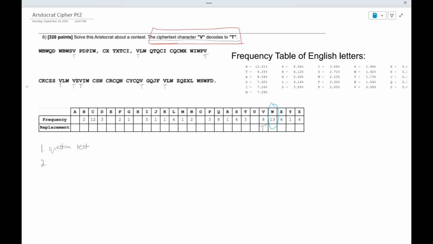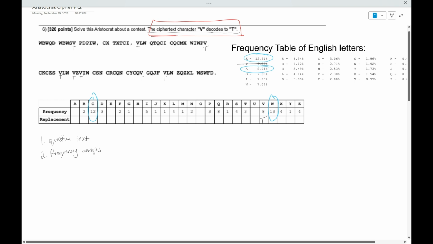If we take a look at our frequency table, that matches up with E, which has the highest frequency. And then the next highest frequency here is probably C with a frequency of 12. Since we've already used T, it could be possible that C is A. So that's just something you want to keep in mind. So our step 2 is going to be frequency analysis.